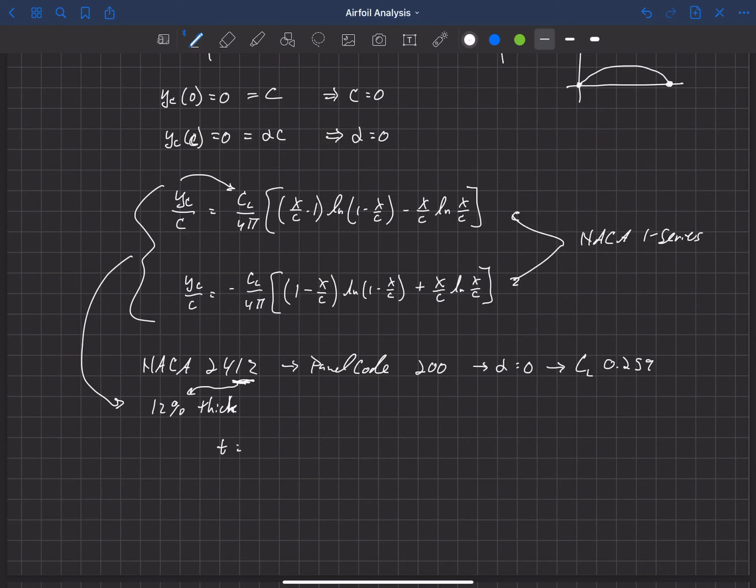The thickness is equal to the maximum thickness times 2.980 square root of x over c minus 1.320 x over c minus 3.286 x over c squared plus 2.441 x over c cubed and minus 0.815 x over c to the fourth.